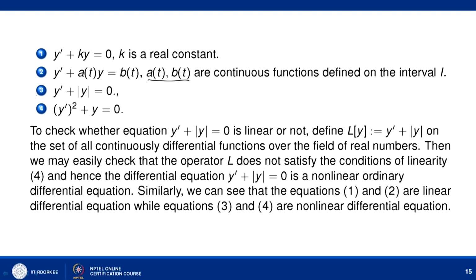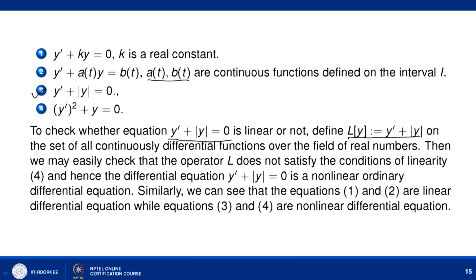We take one example. Let us take this example: y dash plus mod of y equal to 0. You look at the working of this example, and similarly you can check the remaining problems. To check whether this equation y dash plus mod of y equal to 0 is linear or not, we define Ly as y dash plus mod of y.